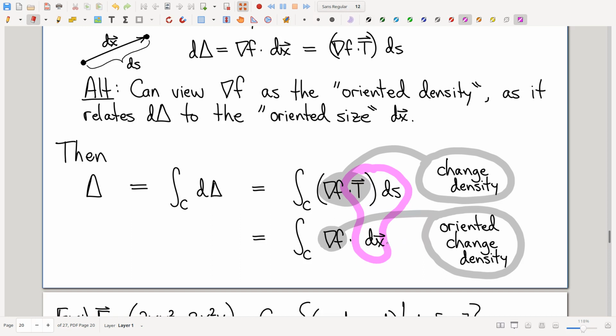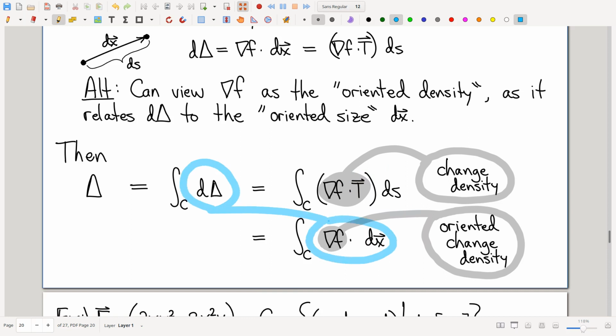So how would I make sense out of this connection here? How do I see a density in this? Can I just call the gradient a density? Not really.